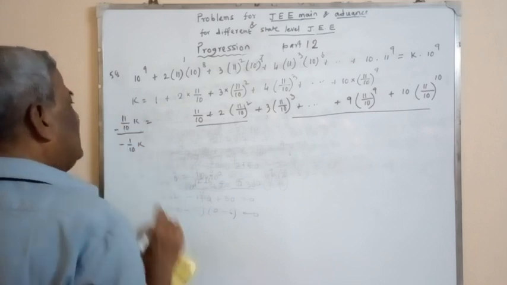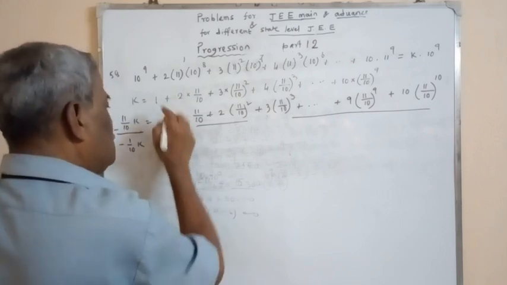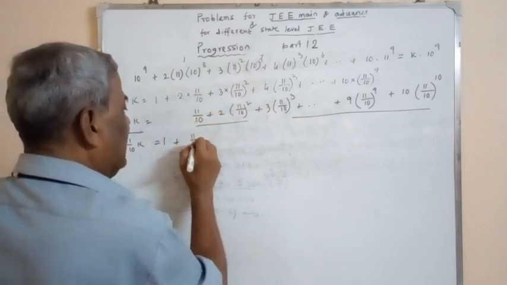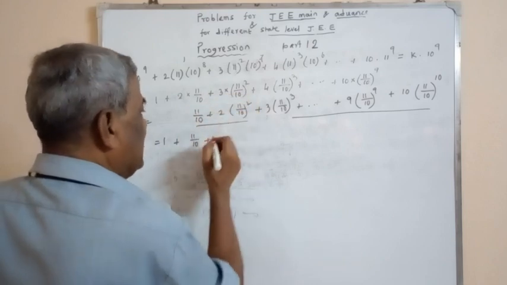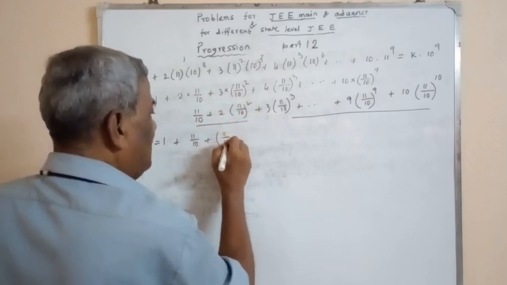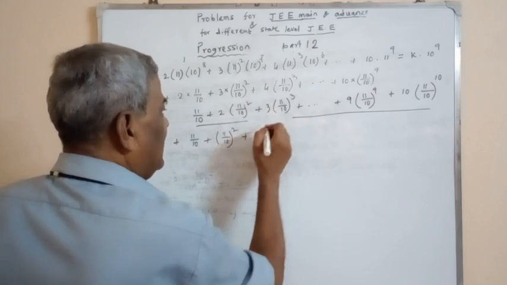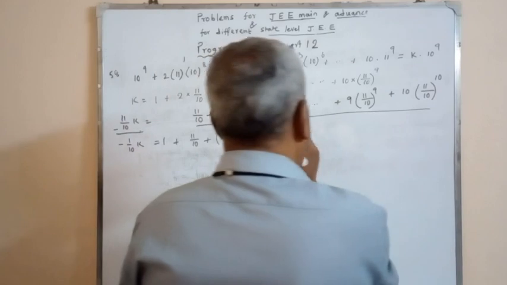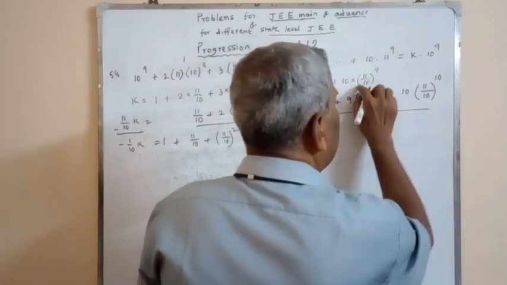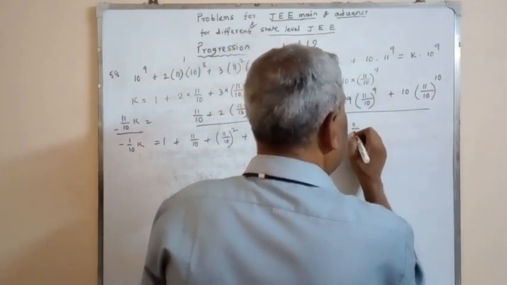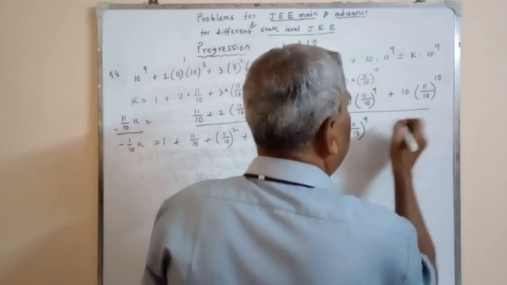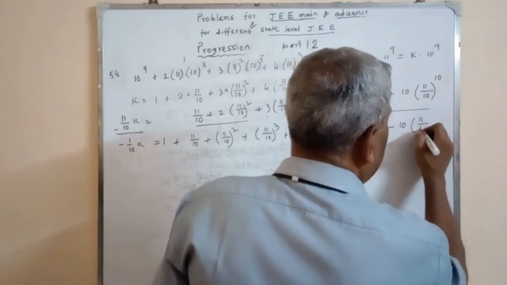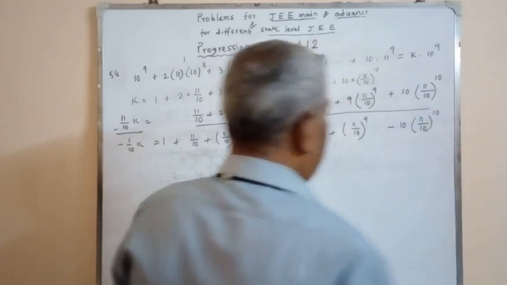This minus that is equal to 1, plus 11 by 10, plus 11 by 10 whole square, then also 11 by 10 whole cube, up to 11 by 10 to the power 9, and minus 10 into 11 by 10 to the power 10.